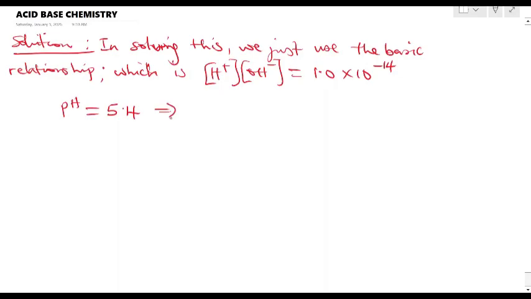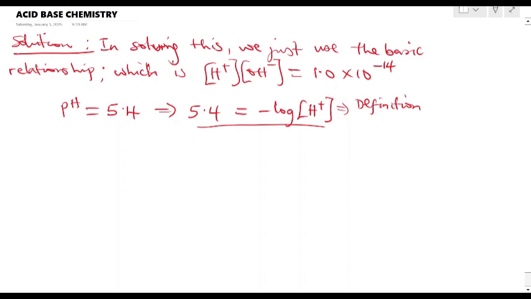This implies that pH, which is 5.4, is equal to the minus log of the hydrogen ion concentration. This simply describes the definition of pH. All right, let's go ahead and take the antilog.